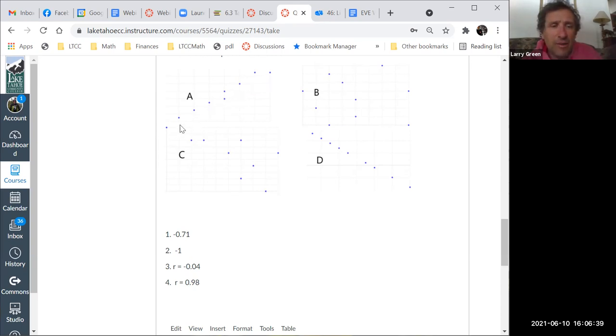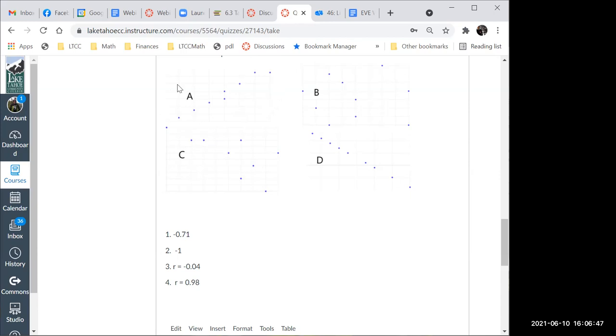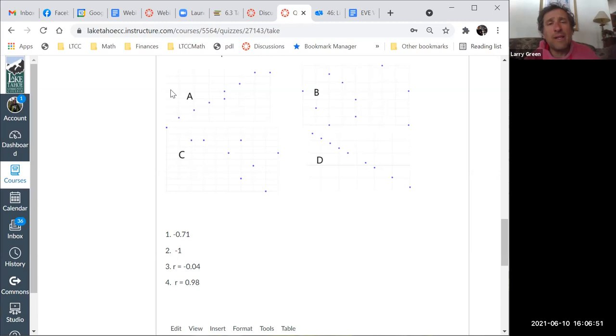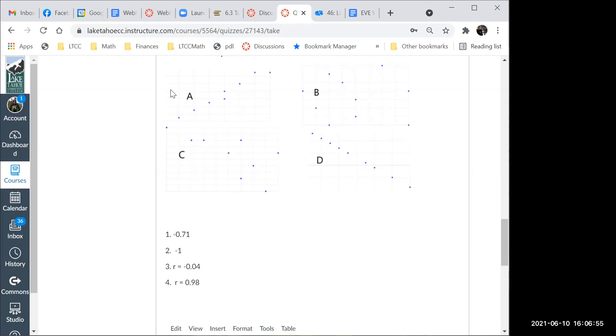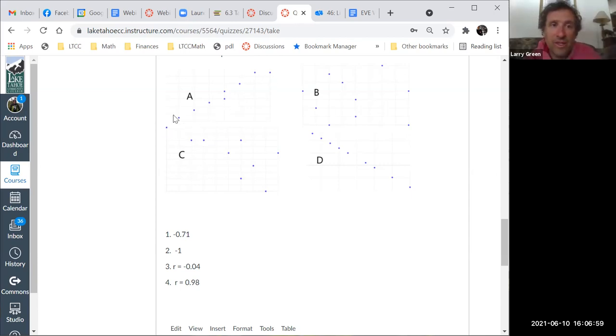What can you say about the correlation for A's scatter plot? There's a very strong positive correlation. Yeah, so in particular, R will be close to what number? 1. Okay, so R will be close to 1, and hopefully you can see this is very close. They're almost on a line. They're not perfect.